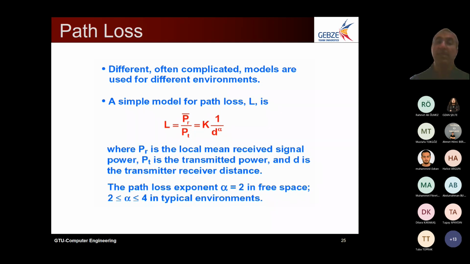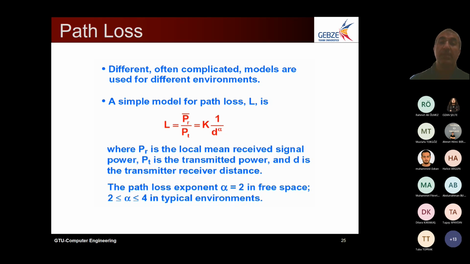For instance, in this classroom, alpha can be 2.3, and outdoors can be, for instance, 3.7. So each environment can have a different path loss exponent, and it's really complicated to estimate them.